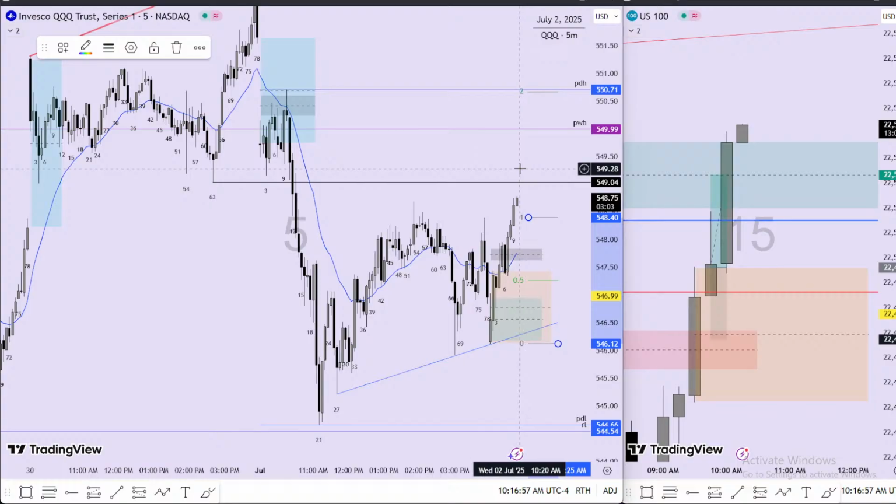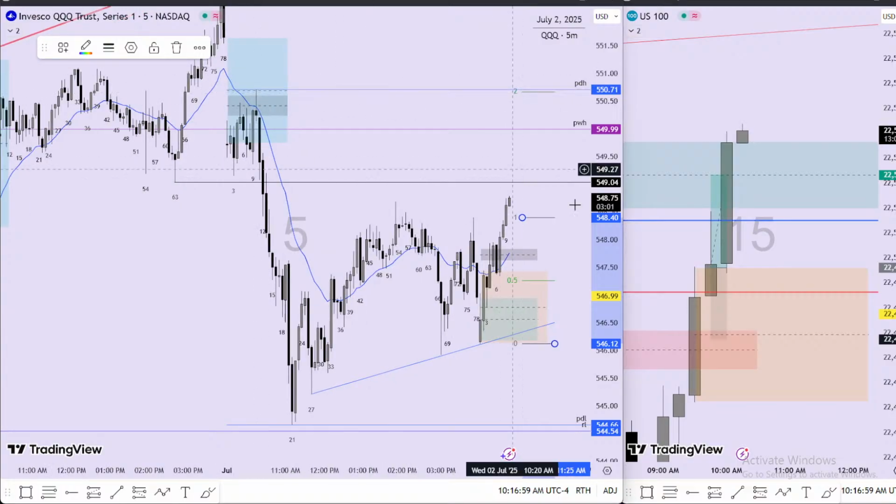One standard deviation of this move puts us back to the high of yesterday.